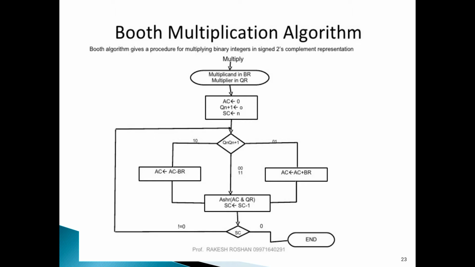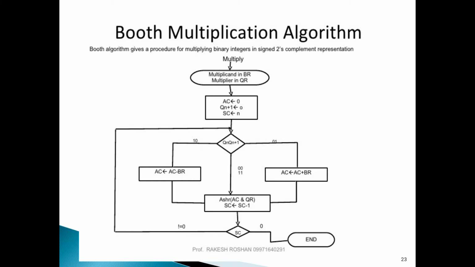And the result is transferred to AC. Add AC and BR and the result is transferred to AC. After performing this, perform the arithmetic shift right operation for AC and QR, and decrement the sequence counter and check the sequence counter.